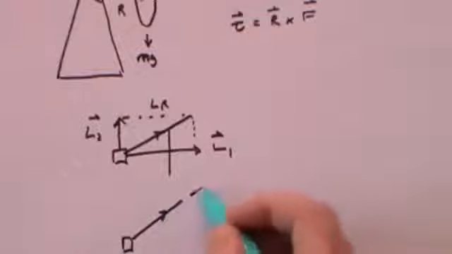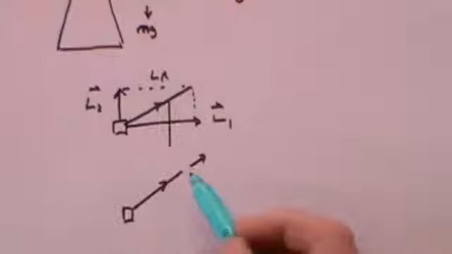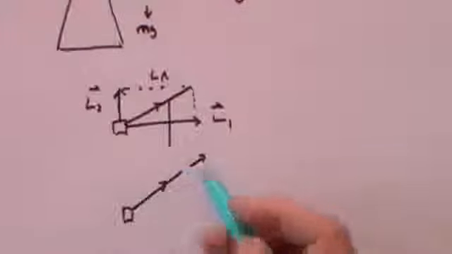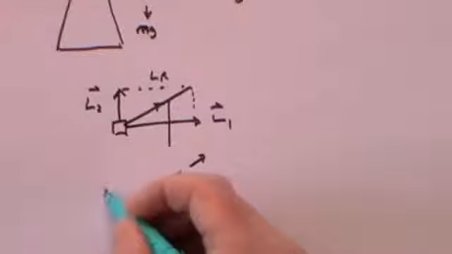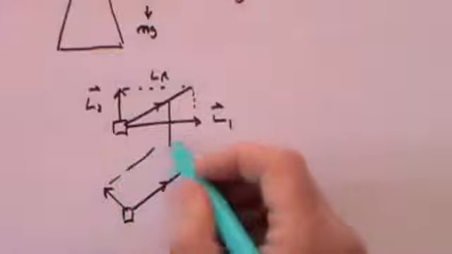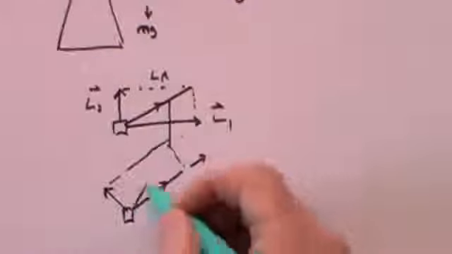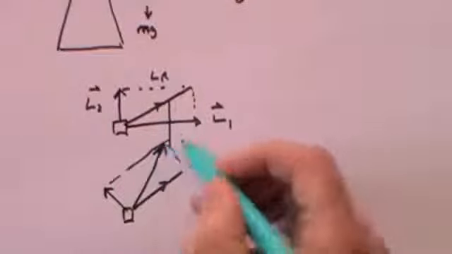But then if you look a few moments later, here it is, this is the new angular momentum vector pointing in that direction. There is still a force acting downwards, because remember we're looking from overhead, so there's a force acting downwards, and that is creating a new angular momentum vector in that direction. And that will create a resultant angular momentum in this direction.